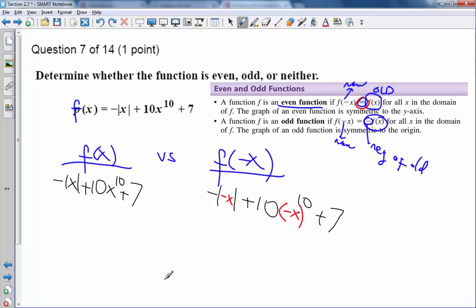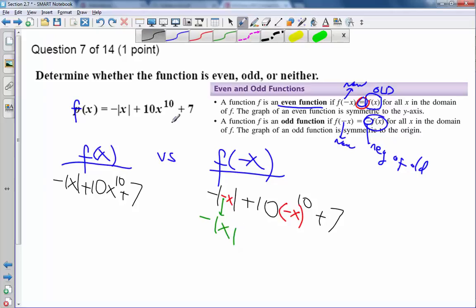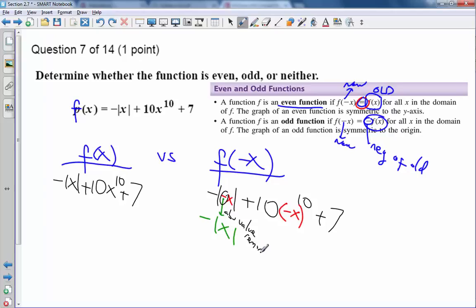Yes. Who said that? Yes. They are the same. Why? Because the absolute value of negative things is the same as the absolute value of positive of them. So in other words, this minus is gone. Absolute value removes negatives. Right? Isn't this true?